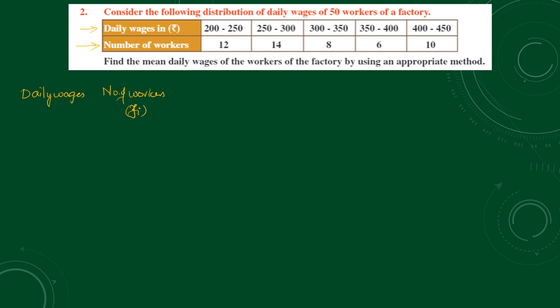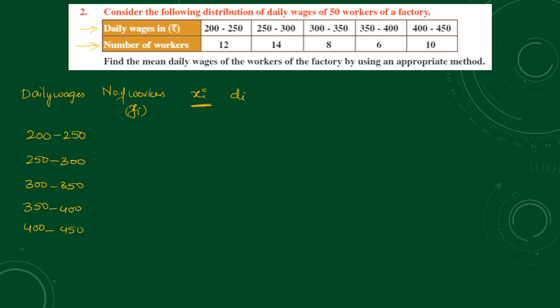Next, the third column. What is the third column? Mid values. Mid values are represented by Xi. I am not writing mid values, simply I am representing Xi. Then the next column is Di. For that, first of all I am going to write down the values. 200 to 250, 250 to 300, next 300 to 350, 350 to 400, next 400 to 450.